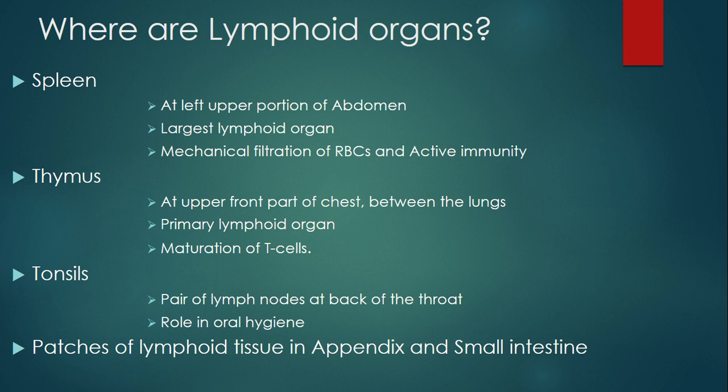The lymphoid organs may also appear in the form of patches of lymphoid tissues in the appendix and in the small intestine, and they are also concerned with the trapping of microorganisms, possibly present in the food in the intestine.